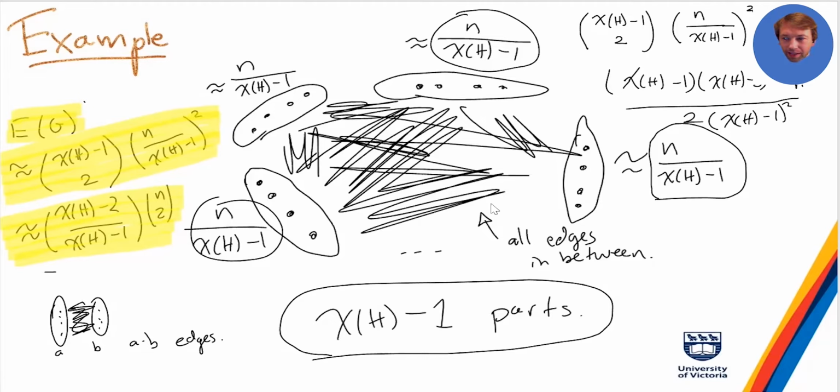If you cancel things out, this is approximately the same, because n squared is basically the same thing as n times n minus 1. This is going to give you what we wanted: chi of H minus 2 over chi of H minus 1 times n choose 2, asymptotically. So you do the cancellation and so on. Is that clear?